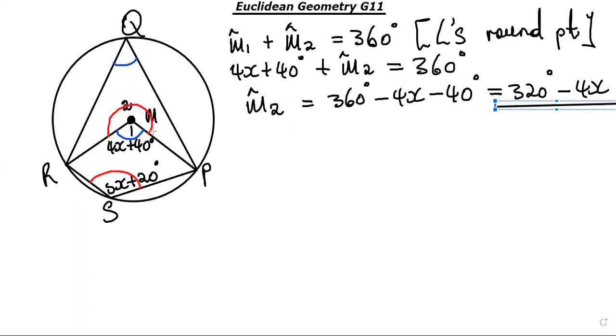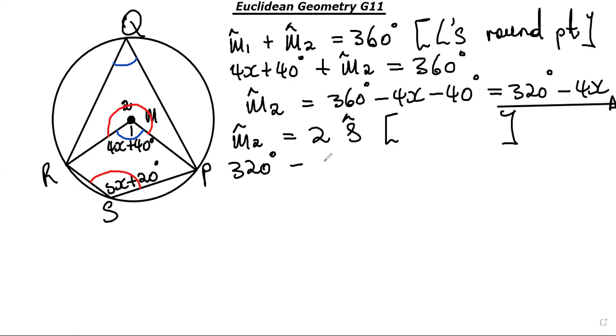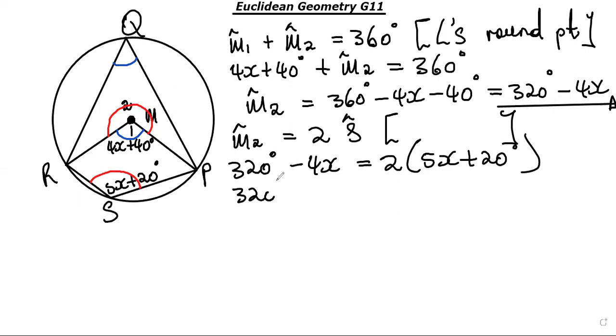So now that you know the size of angle M2, you say the angle at the center is twice the angle at the circumference, and give that reason, of course. So you say your M2 is 320 degrees minus 4x, and this is twice as much as 5x plus 20 degrees. So you still have your 320 minus 4x, and then you distribute your 2.